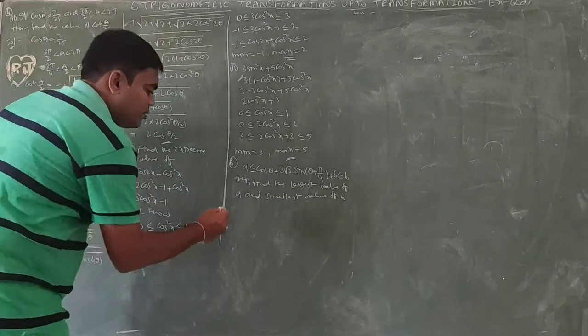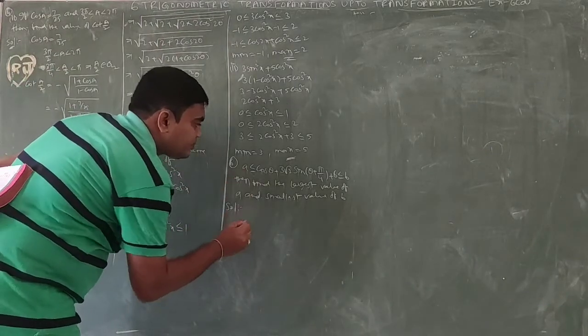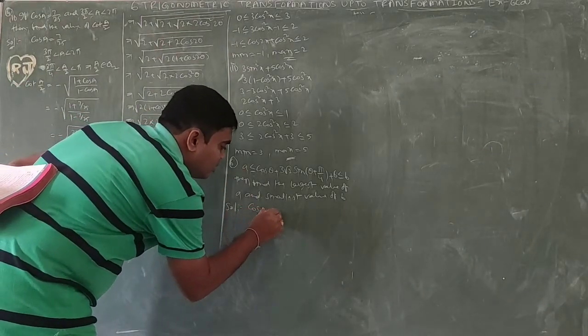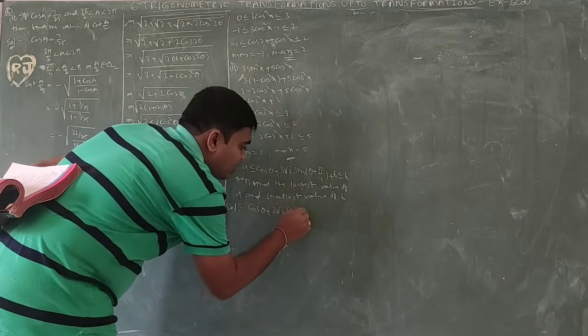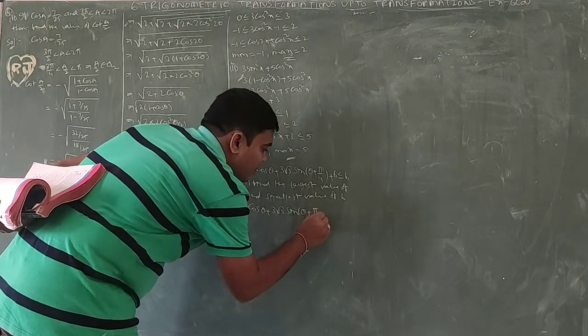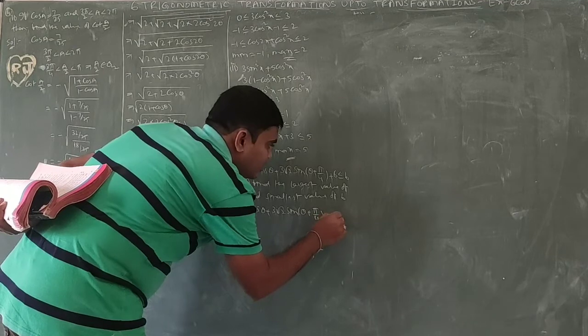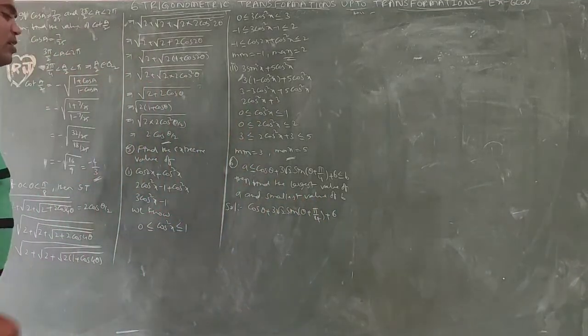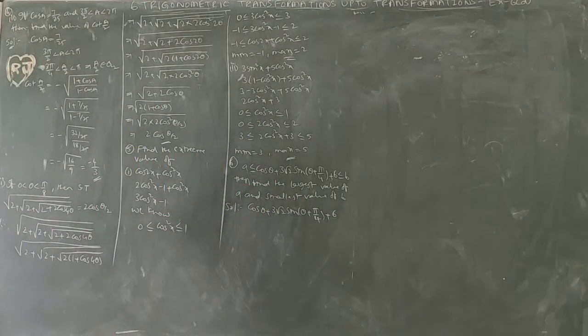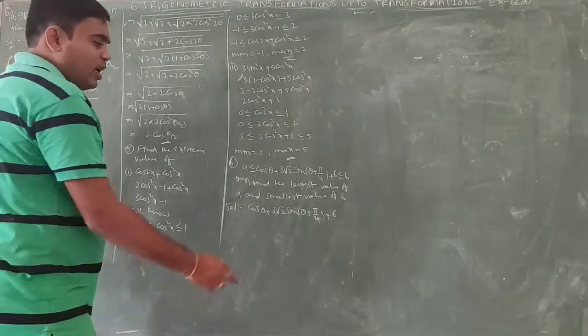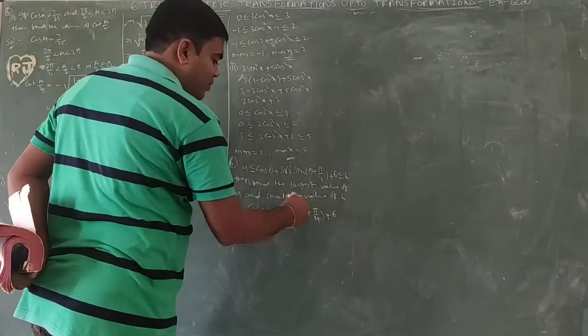Okay, solution. Cos theta plus 3 root 2 sin of theta plus 5 by 4 plus 6. Okay, so first I want to simplify using the sin of a plus b formula.